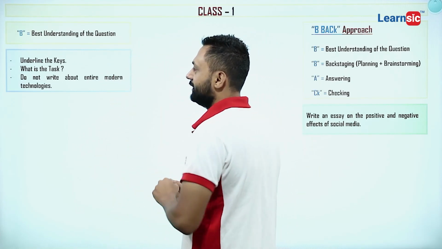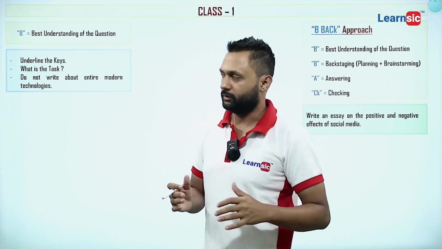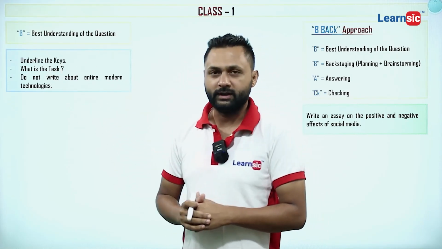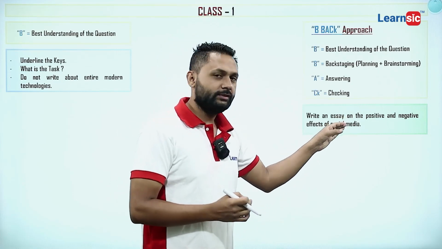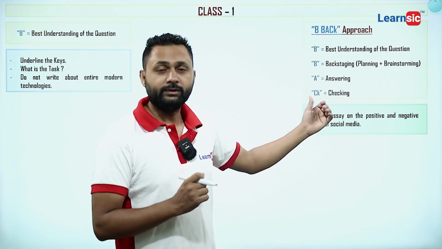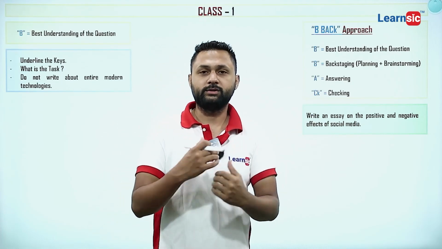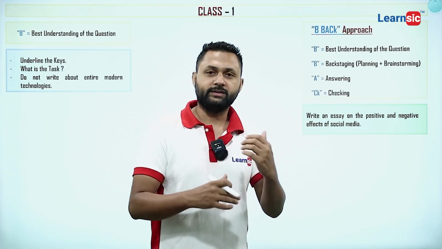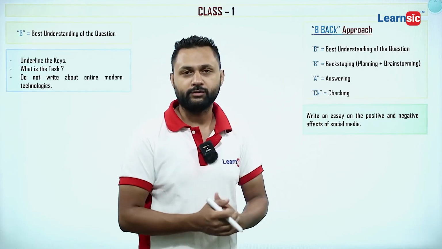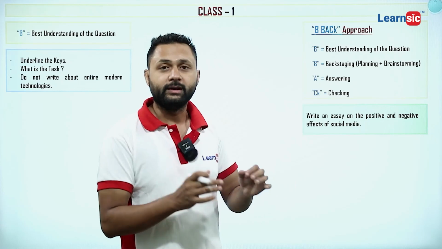So what does this mean? Underline the keys. Now keys means keywords. What is the task? Do not write about entire modern technologies. This question just wants you to write about social media. If you start writing about the innovation of technologies and the internet and the 1990s and everything about IBM and Microsoft, then this will be a mistake.